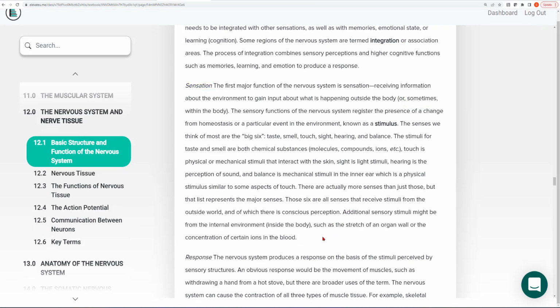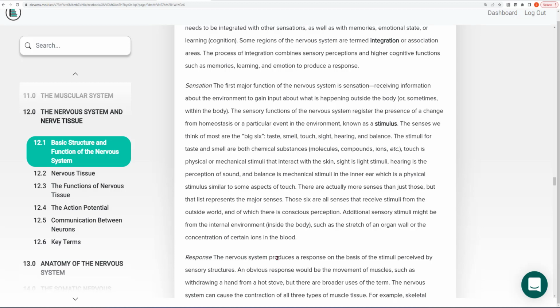Now, in response to that, once your nervous system has sensed what's going on, there is then going to be the processing, right? Parts of your brain, parts of your spinal cord are going to process, integrate, figure out what in the world these sensations mean, and then in response to those sensations, the brain may or may not decide to respond.